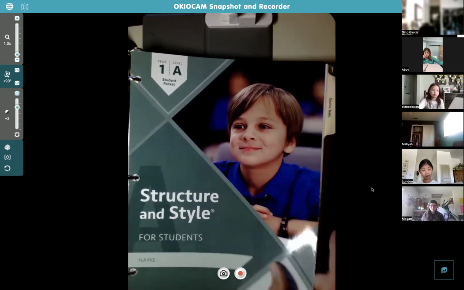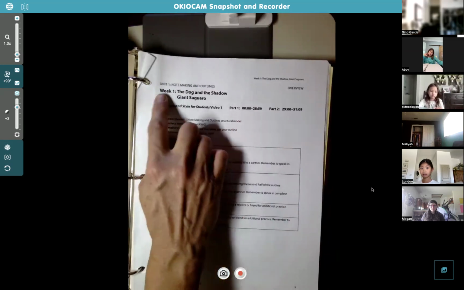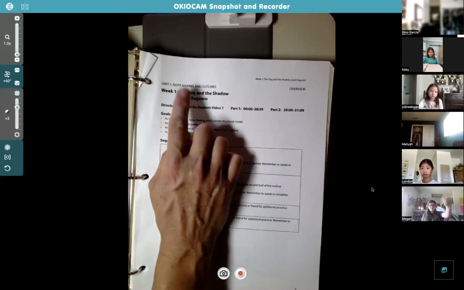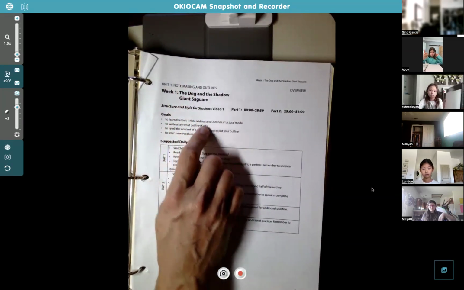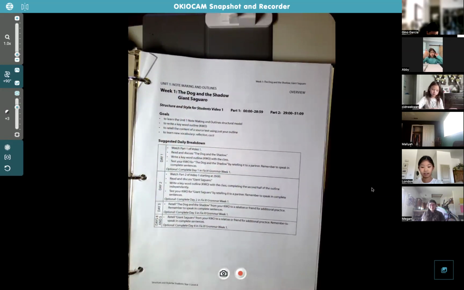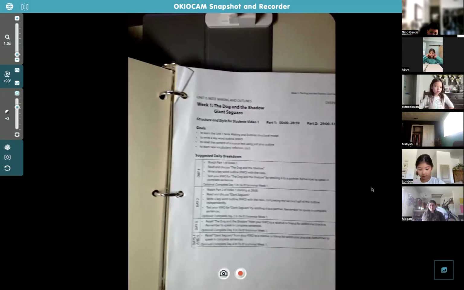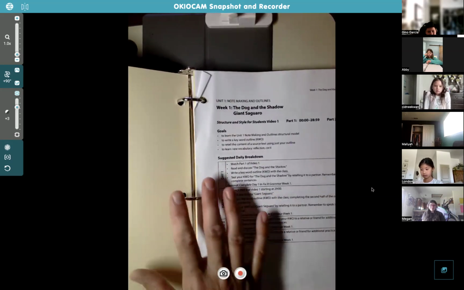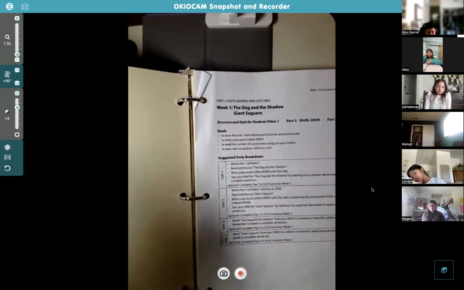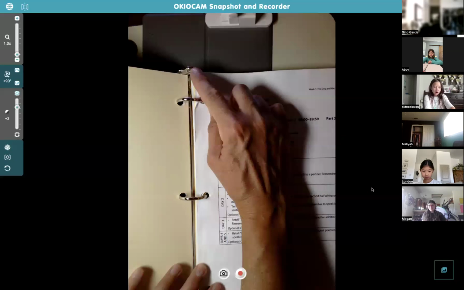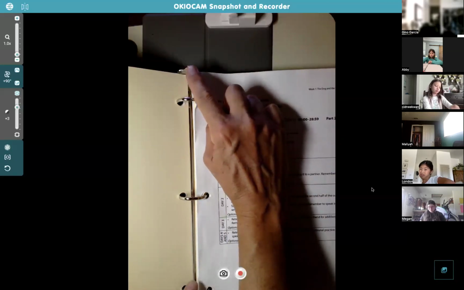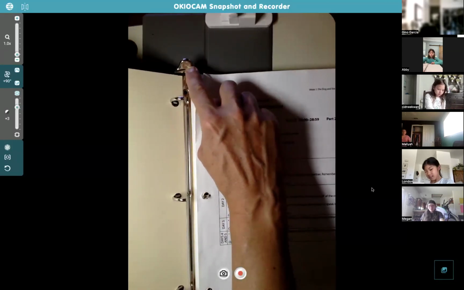How about everybody else? Do you see where it says week 1 here? You guys have that? Okay. Yes, I see that, Megan. So what you're going to do, the rest of you, is carefully open up the rings. Make sure your binder is laying flat, and see these little tabs on the end and the top and the bottom? You're going to push these apart so they pop open.